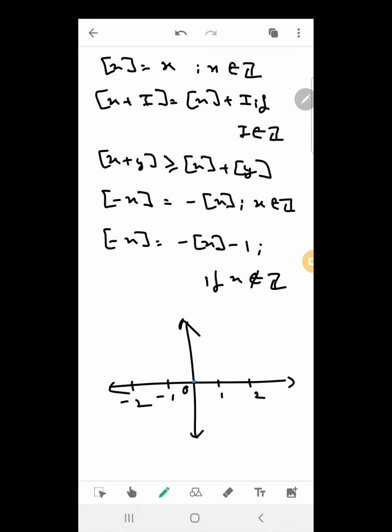From 0 to 1 it is this, then from 1 to 2 you have 1, then from 2 to 3 you have 2. Here from -1 to 0, this is -1. Then from -2 to -1, here you have -2.